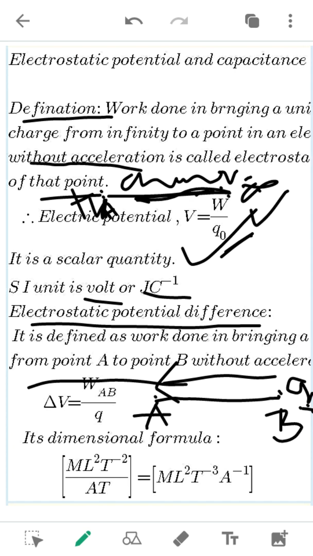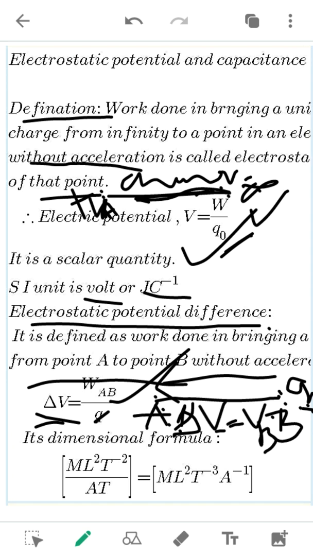Therefore, here as there are 2 points, so there will be a difference here, so we will take it as delta V. So delta V is equal to W_AB divided by Q naught. So this is the equation. So delta V is nothing but V_B minus V_A.